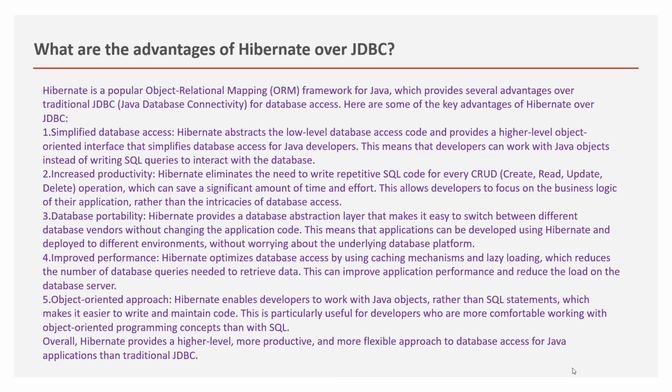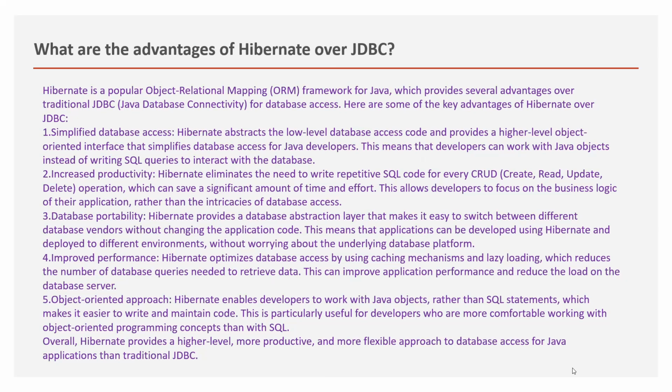What are the advantages of Hibernate over JDBC? Hibernate is a popular object relational mapping framework for Java, which provides several advantages over the traditional JDBC, Java Database Connectivity, for database access. Here are some of the key advantages of Hibernate over JDBC. First, simplified database access.